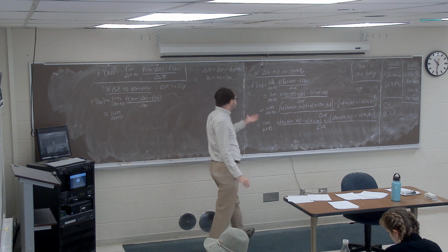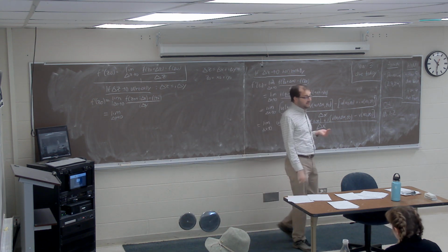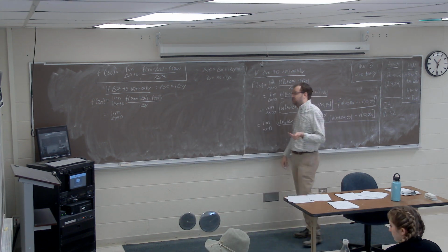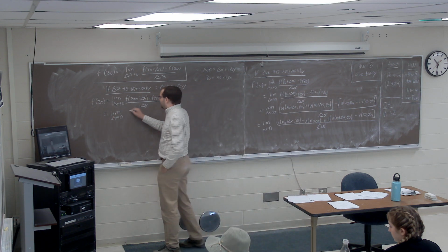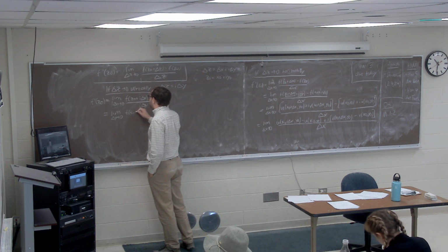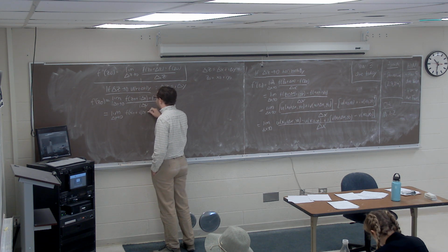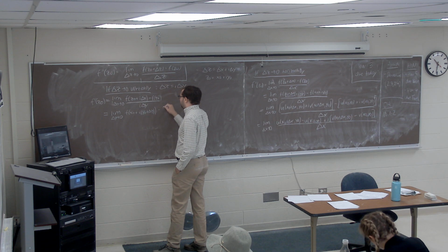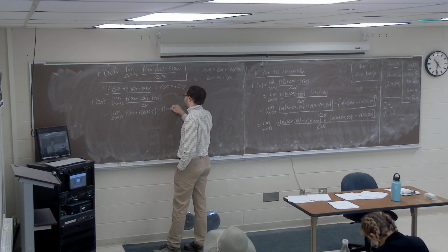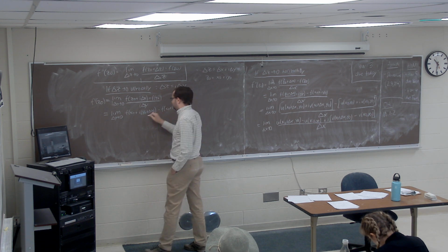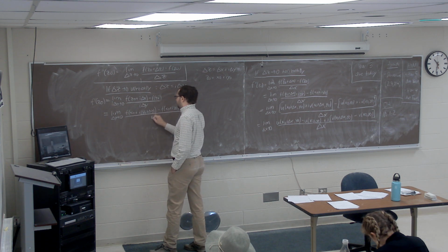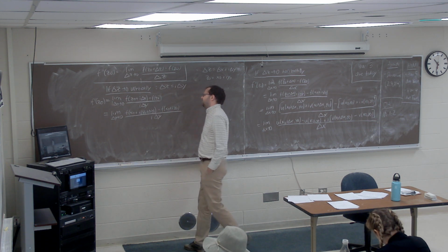And just like we did over here, we'll start by breaking z naught up into its real and imaginary components to get f of x naught plus i times the expression, let's say y naught plus delta y, minus f of x naught plus i times y naught, all over i delta y.